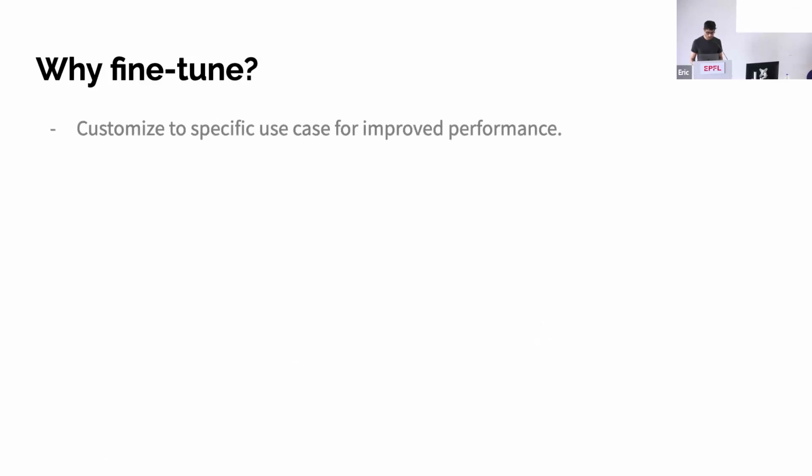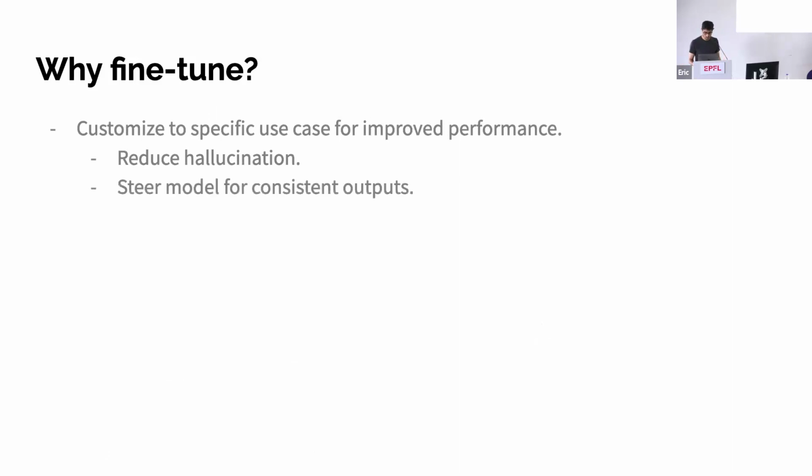Some other benefits: you can customize to a specific use case for improved performance, or have a smaller model for similar performance. This can help reduce hallucination, because maybe your model hasn't seen specific examples. If we take the medical example, maybe it wasn't trained at all to deal with medical queries, so it's just going to make up stuff if you use a general purpose model.